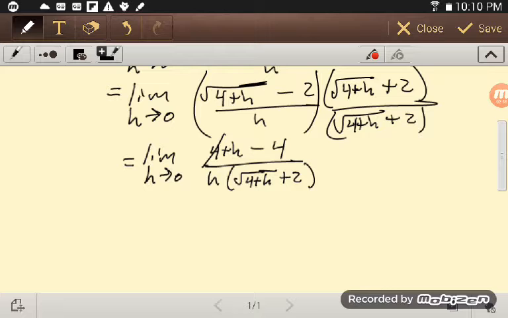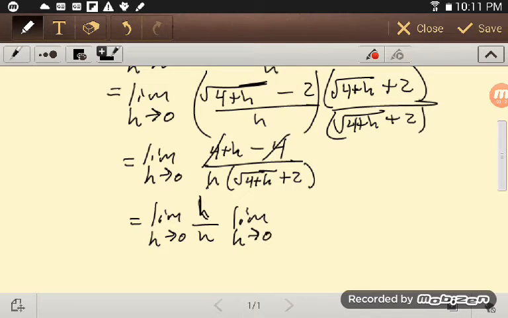But at this point, those 4's cancel, and so we'll be able to factor out the h over h. So we have our limit as h goes to 0 of h over h times the limit as h goes to 0 of 1 is all that we have left there when we factor out the h, and then over the square root of 4 plus h and then plus 2.